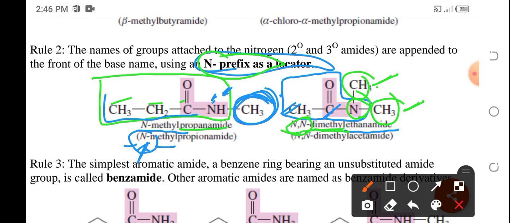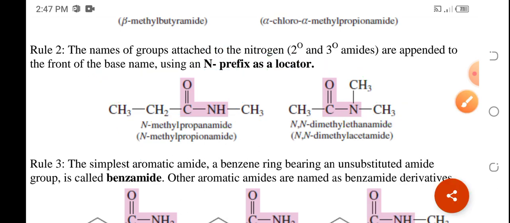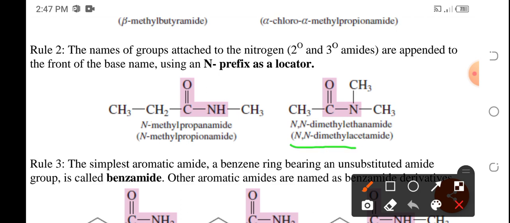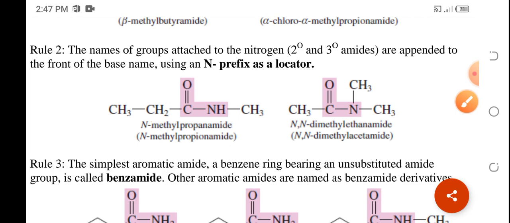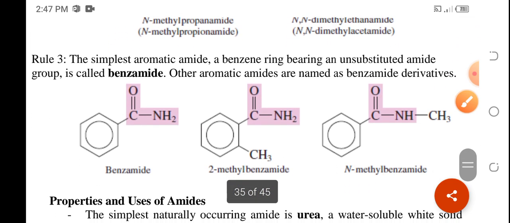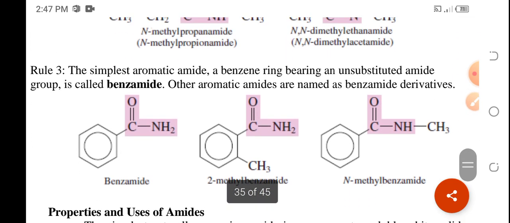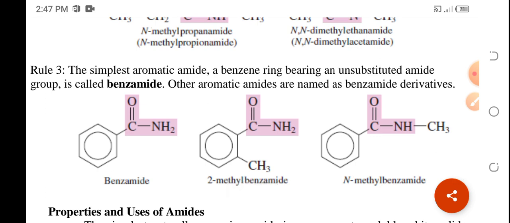Okay, dimethyl, because there are two same methyl groups attached on ethanamide. Okay, and the common name here is N,N-dimethylacetamide.